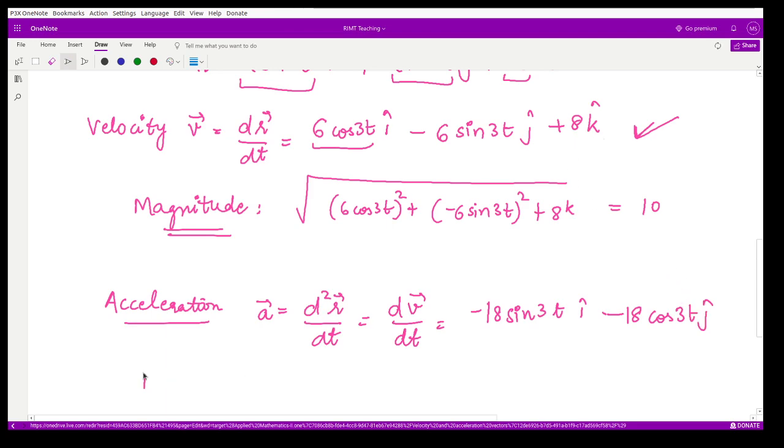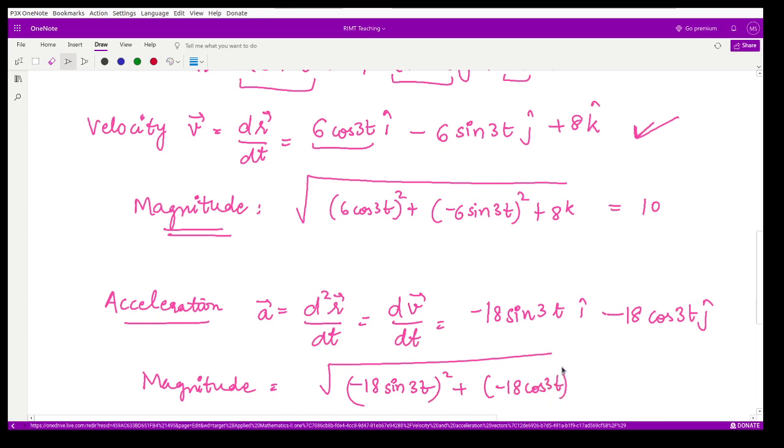So this is the acceleration, and what is the magnitude of this acceleration? That is simply equal to the square root of (minus 18 sine 3t) whole square plus (minus 18 cos 3t) whole square. So this comes out to be equal to 18. So this is your answer.